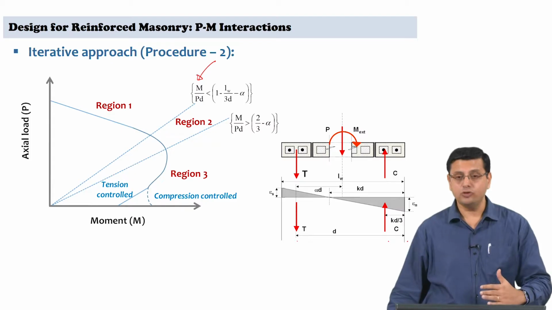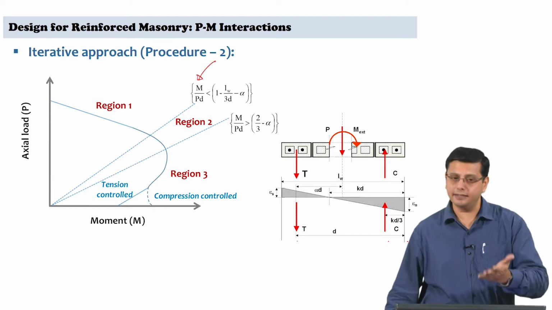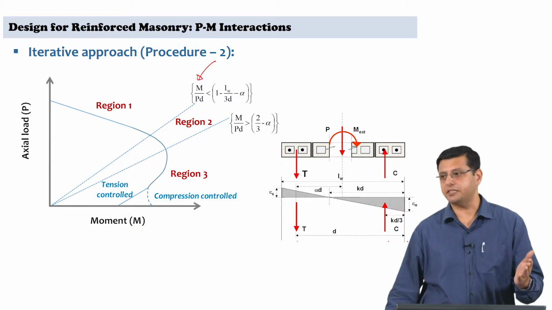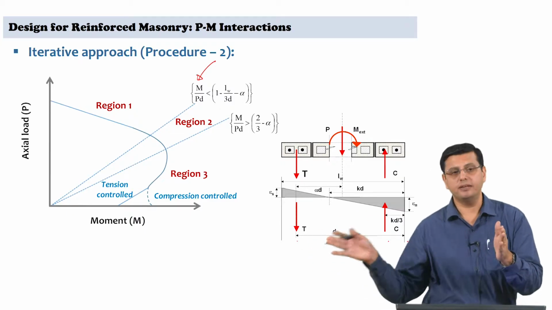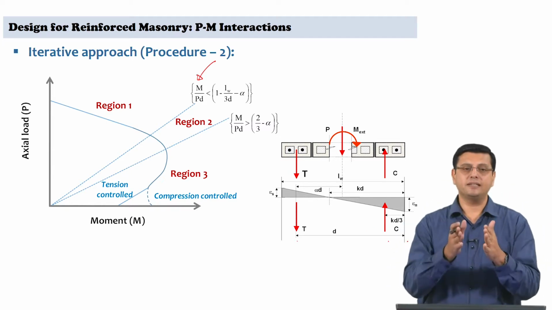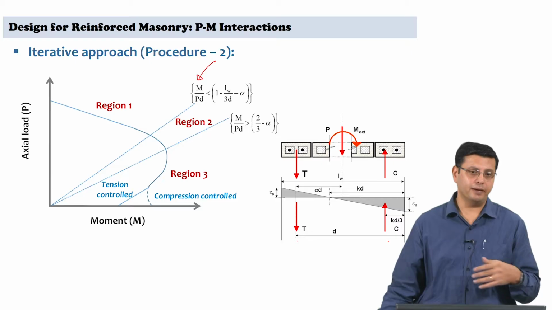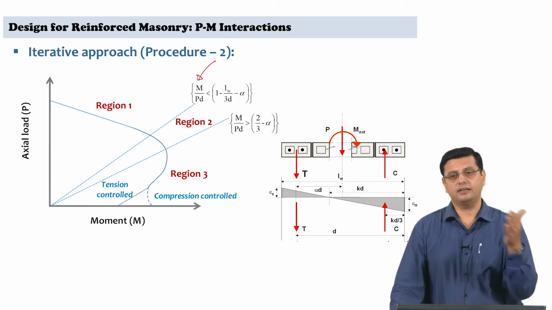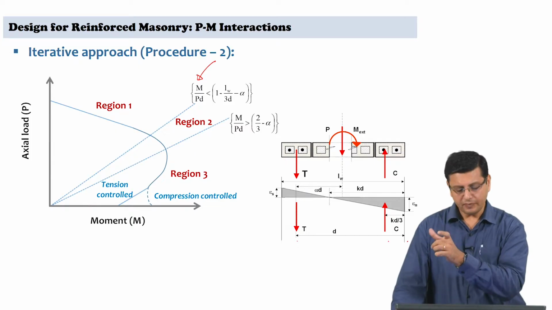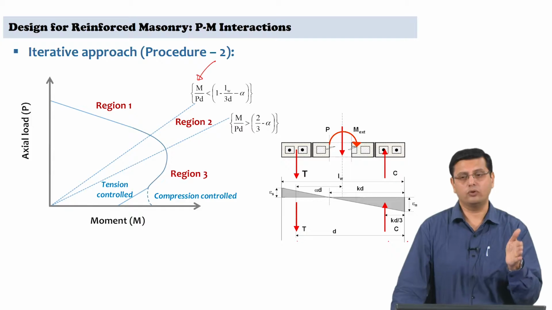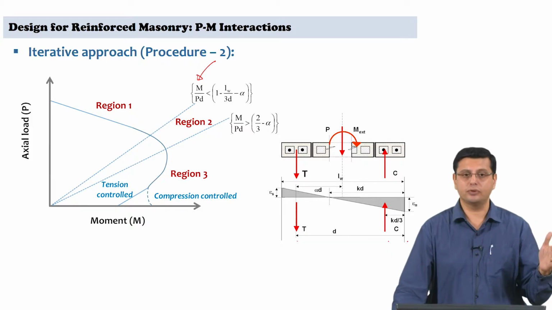So, the ratio M by P, which is eccentricity e divided by d, is the non-dimensional parameter that you are using. And as you know, based on this eccentricity, for a linear elastic behavior of a cross section, it is possible for us to determine in which part of the interaction we are in. So, with limiting eccentricity of length divided by 6, you are in the uncracked portion, and then once cracking takes place, you need to figure out whether the steel reinforcement is now going into tension or steel reinforcement is also in compression.